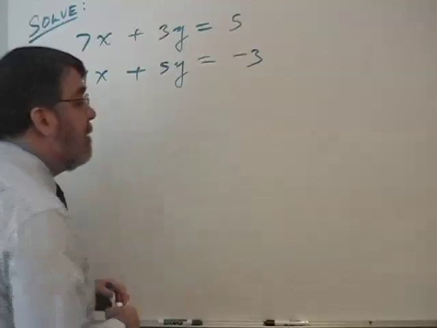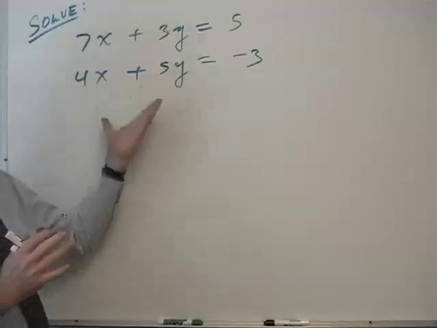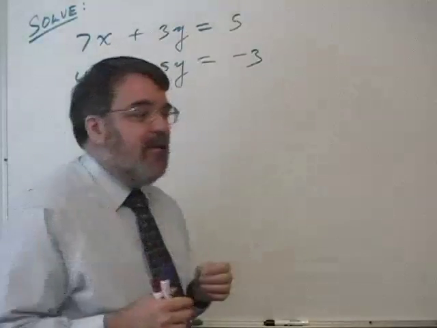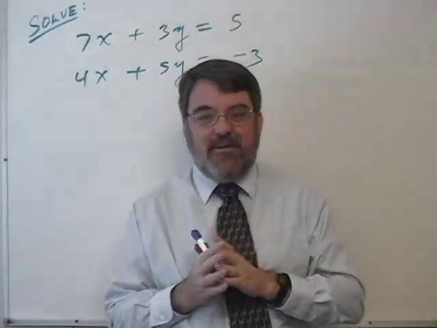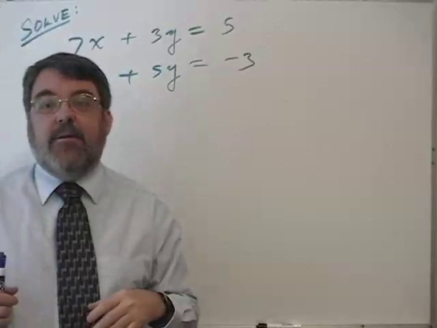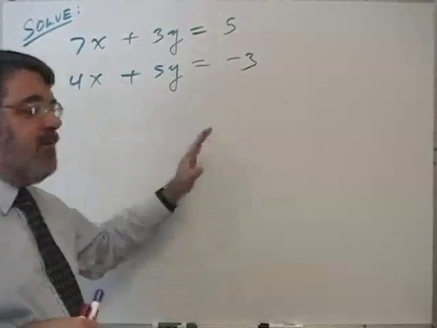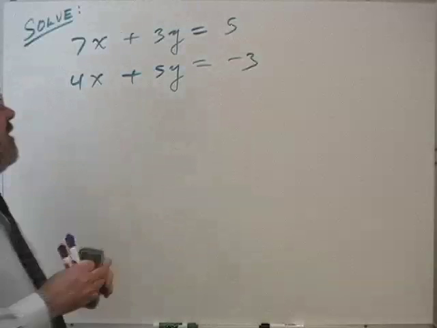All right, now choosing what to multiply by in order to eliminate is a little bit like trying to find a common denominator with fractions. If you look at 3 and 5, the common denominator is 15, if those were denominators. And so that informs me of how to go about this.